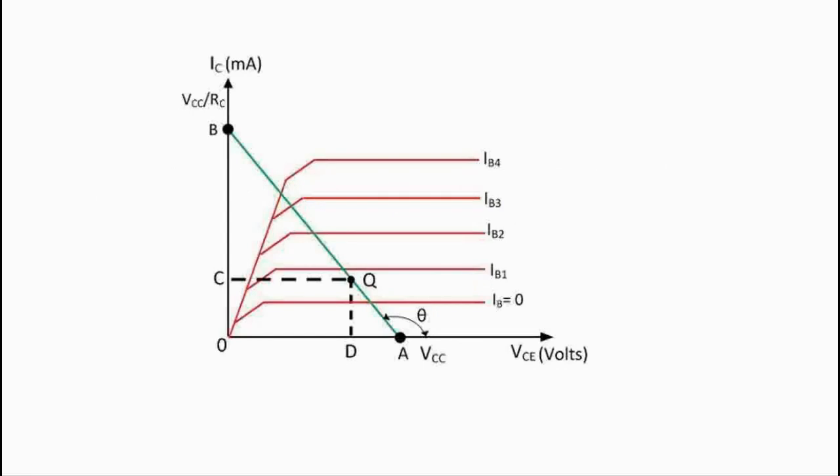Now by joining the points A and B, the DC load line is drawn. As you can see, the green one is the DC load line. With the help of the load line, any value of collector current can be determined. So this was the clear explanation of the DC load line or the transistor load line analysis.